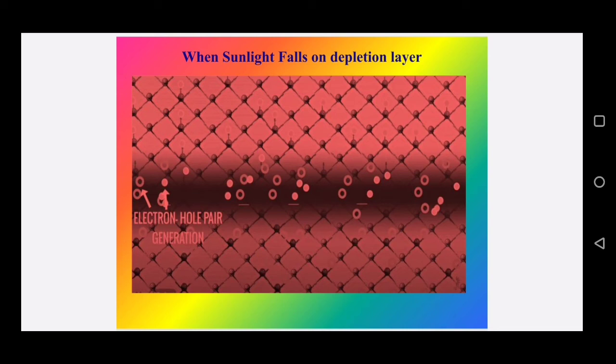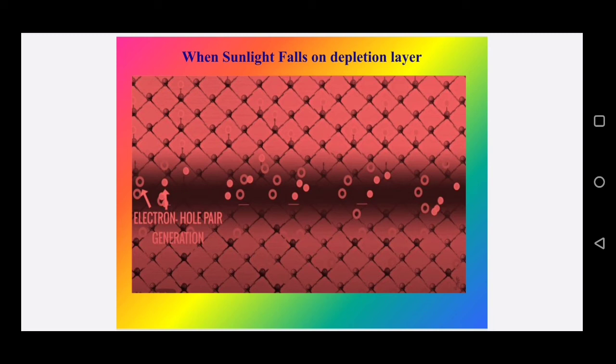So in the depletion region, a number of electron and hole pairs are generated by absorbing the photon energy from sunlight. Hence here an electric field is generated.